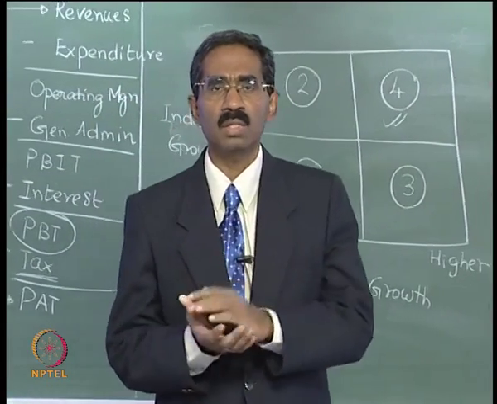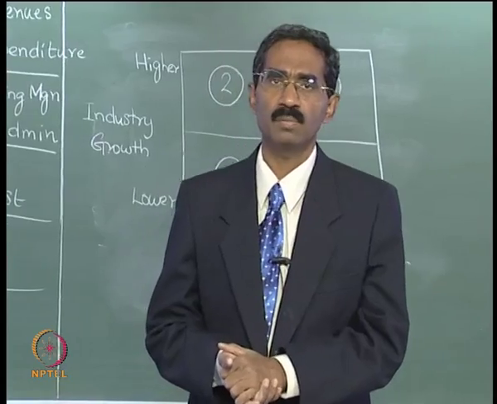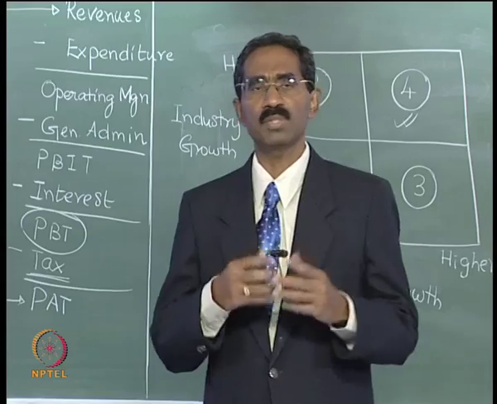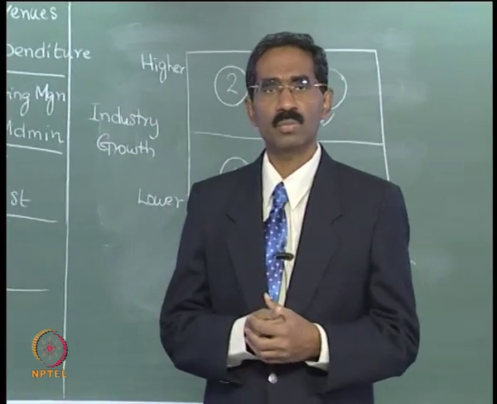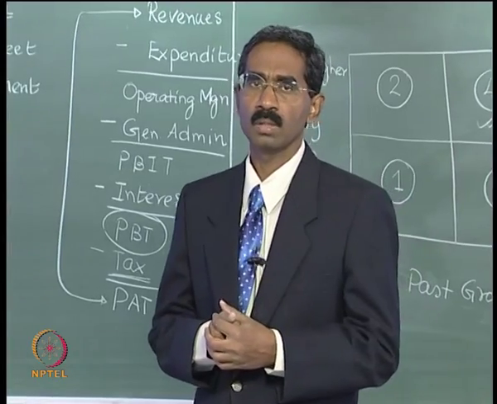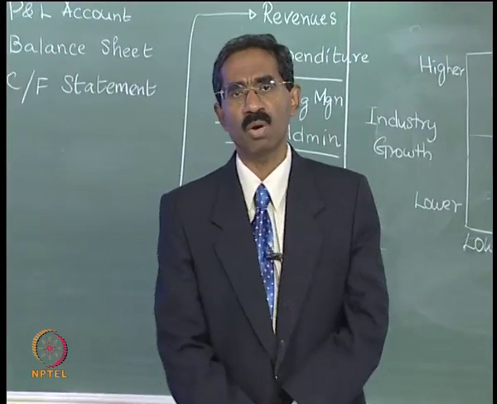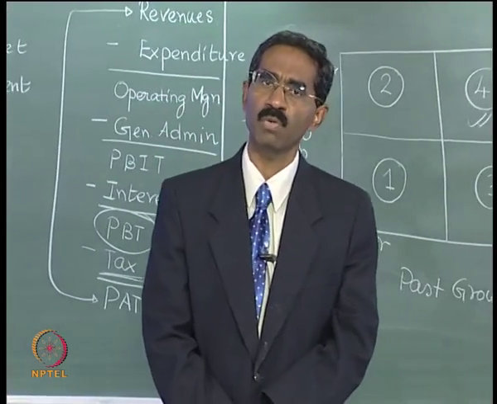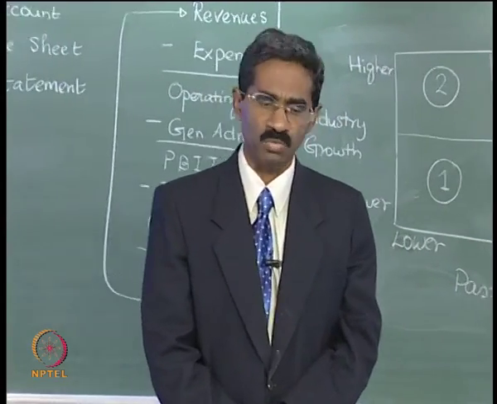The third parameter was liquidity, and in liquidity we looked at 2 types of ratios: the current ratio and the quick ratio. The remaining parameters of performance we will discuss in the next lecture, but before we close, a quick thought question for you.